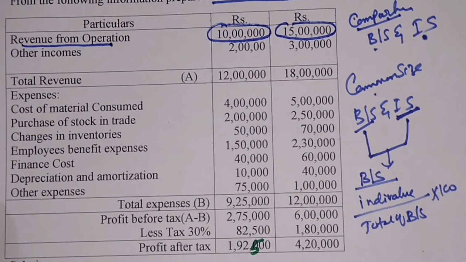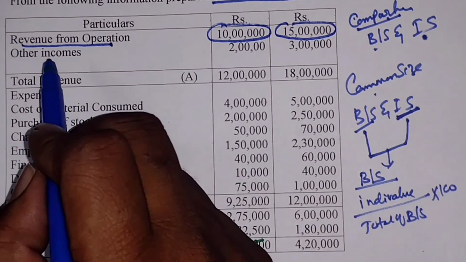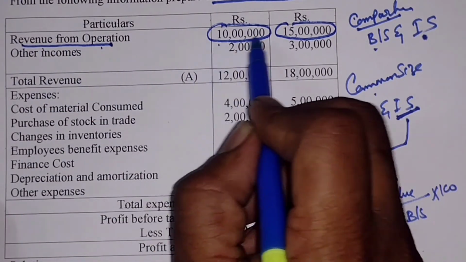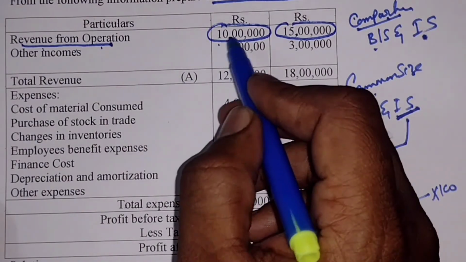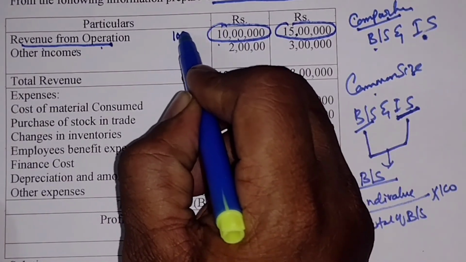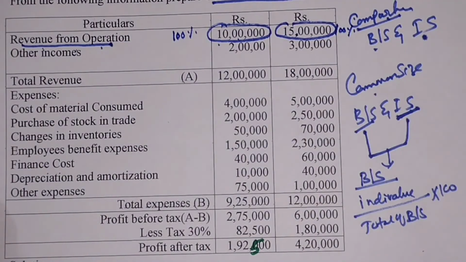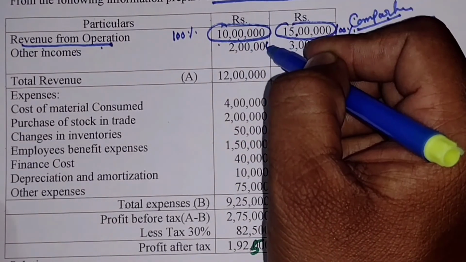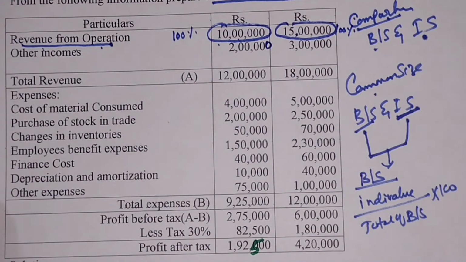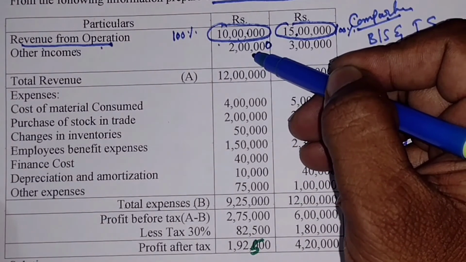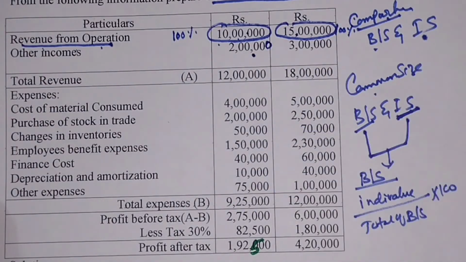Therefore, revenue from operation is treated as 100%, and we compare the remaining values with it. That is, on sales, what is the percentage of the other individual items.